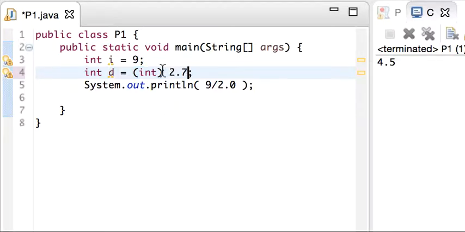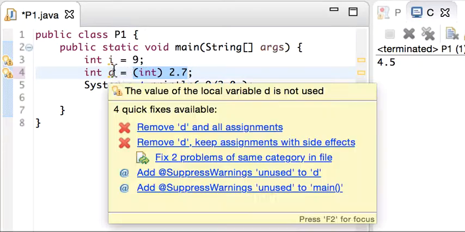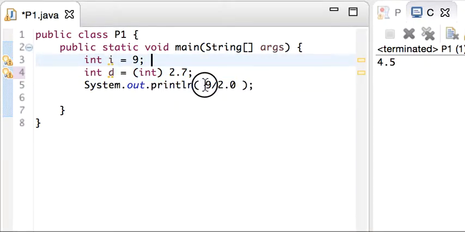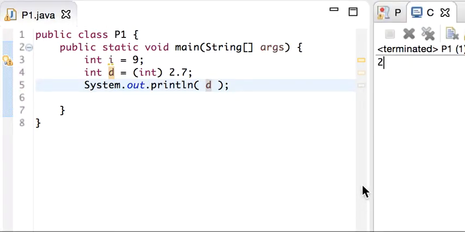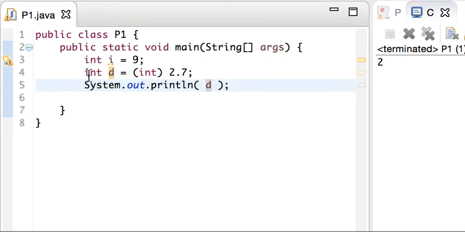So 2.7 is considered as an integer, this highlighted part is 2, and 2 is assigned to d. If I display d on the screen, it displays 2, not 2.0, because d is not a double, it is an integer. We do not assign a double, we assign an integer.